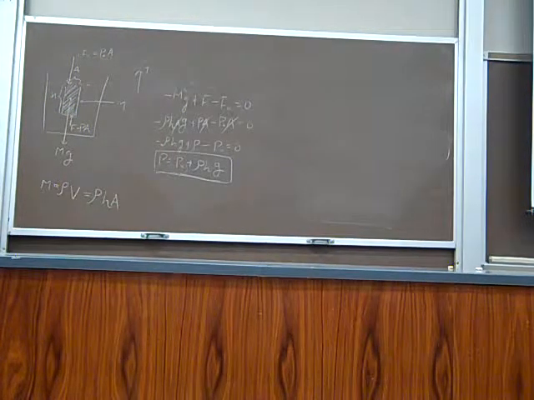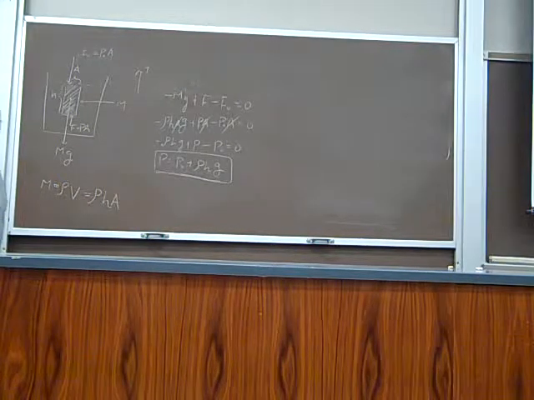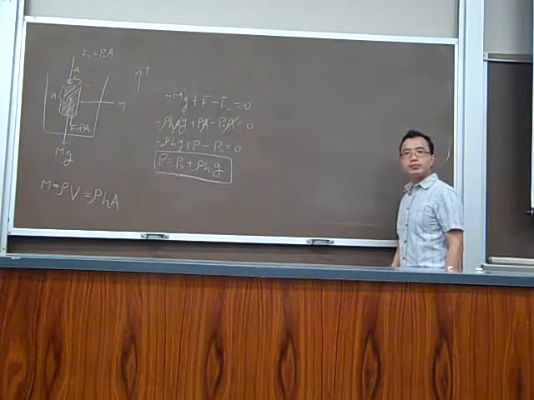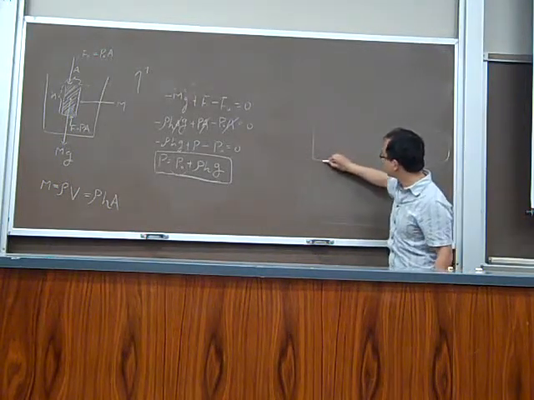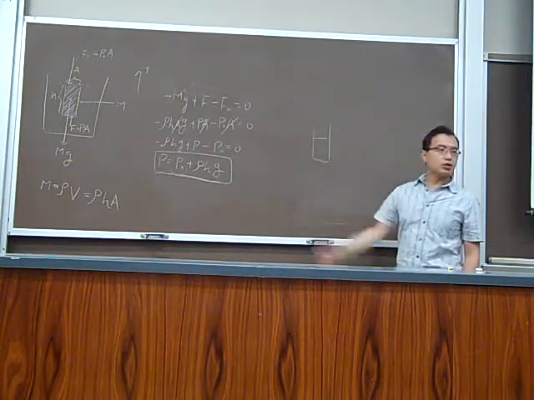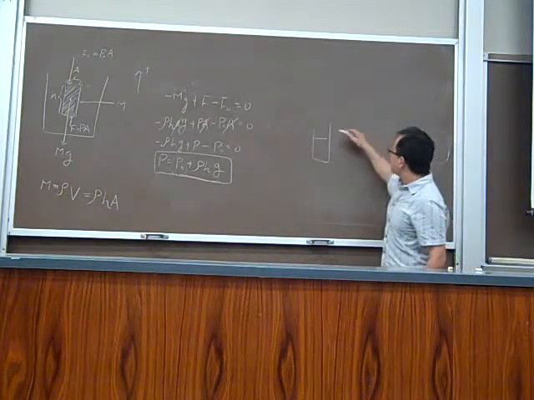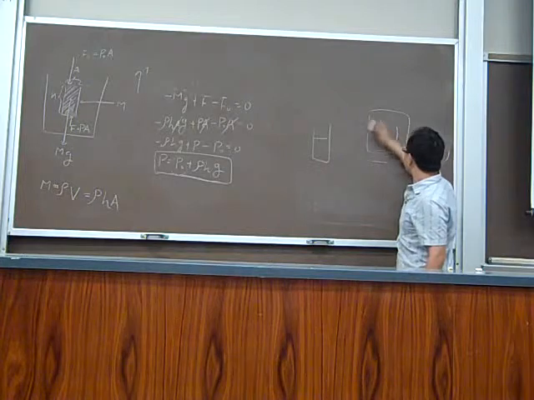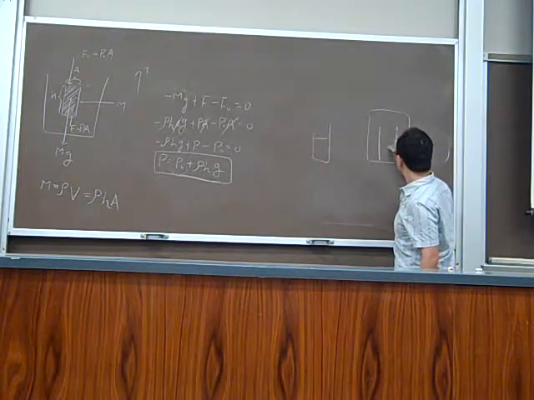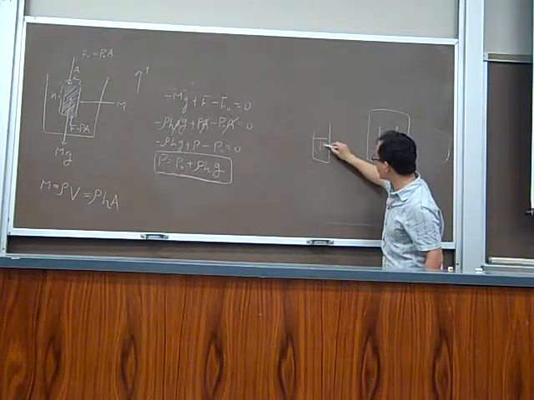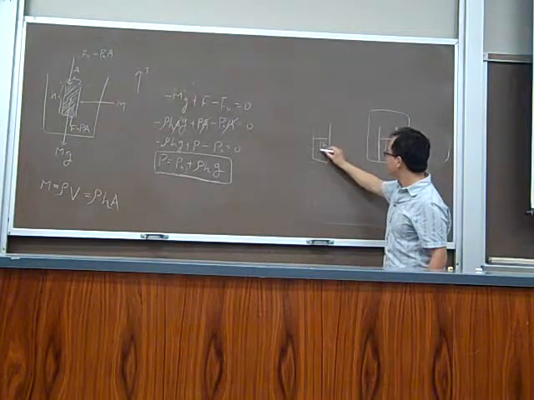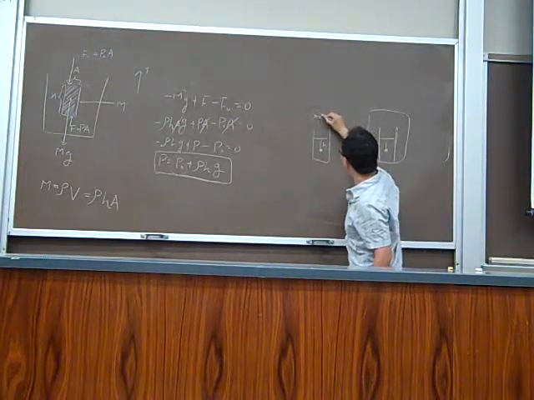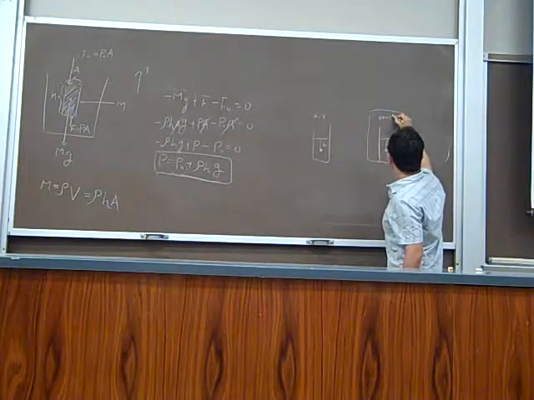It depends on the surface pressure, right? So if you have 2 cups of water, one is placed in the normal air, another is placed in the vacuum. So for the same height h here, you get pressure here and pressure here, this is air, this is vacuum.